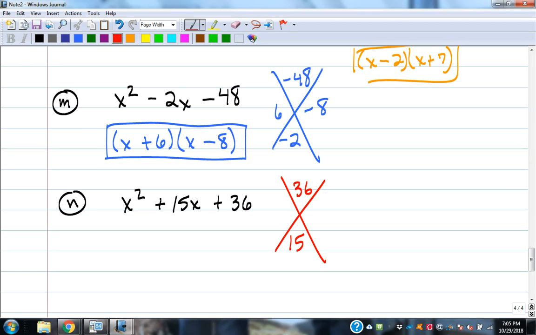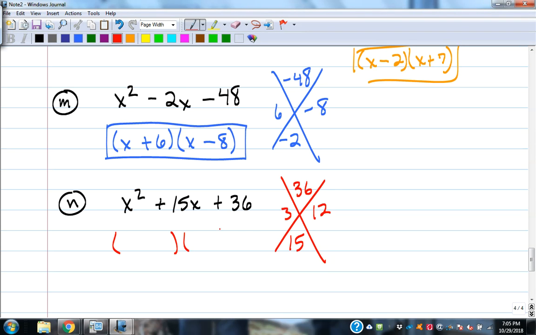Multiplies to be 36 and adds to be 15. Somebody said it. 3 and 12, yeah. 3 times 12 is 36. 3 plus 12 is 15.